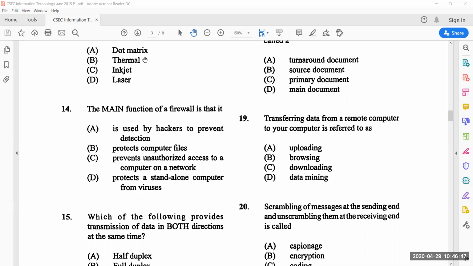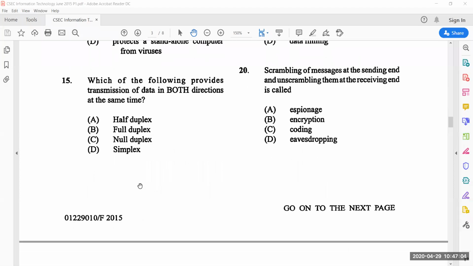Remember, a firewall is generally used in terms of networks, and it protects a network from an unauthorized user accessing the network and by extension any devices on it. Number 15. Which of the following provides transmission of data in both directions at the same time?